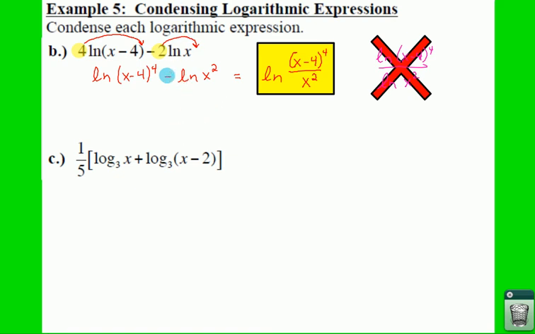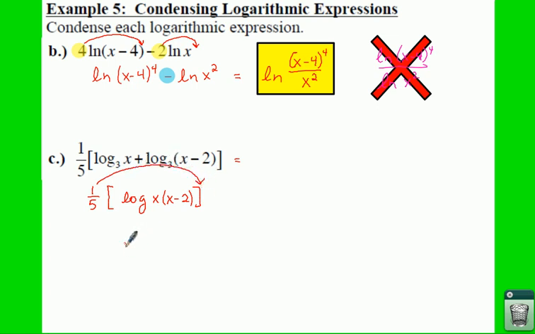Now for C, this one's going to be a little more difficult. You have to remember PEMDAS inside your parentheses. So we have to combine the two logs on the inside first. So you're going to have a 1/5, and on the inside you're going to have a log of x times x minus 2. Then this 1/5 comes up and becomes a power.